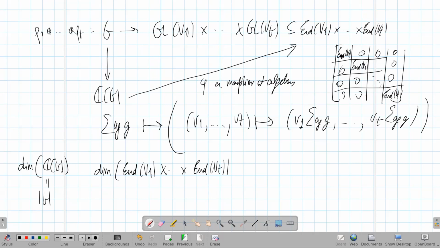This is a vector space, and the sum of this dimension, which is the dimension V1 squared plus..., because these are matrices of this size.